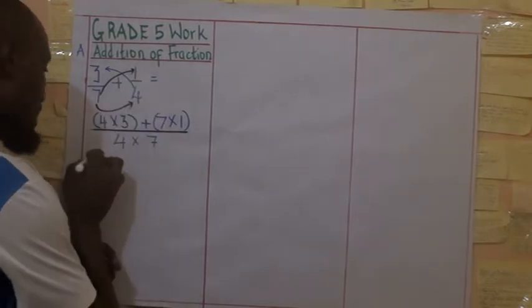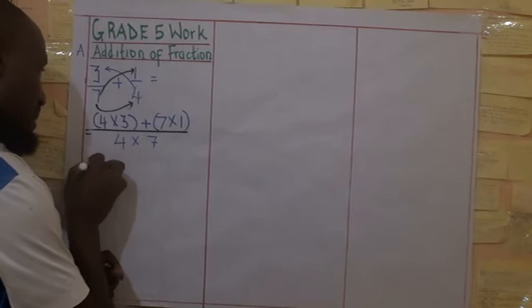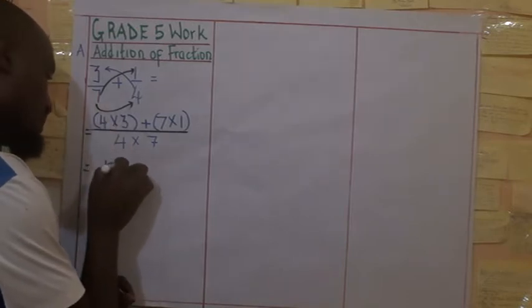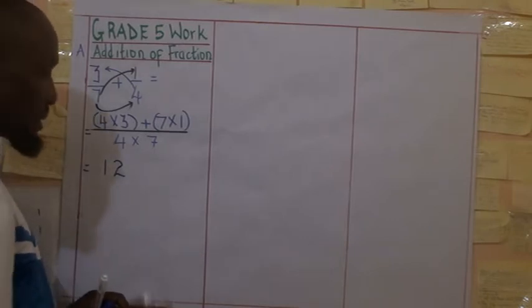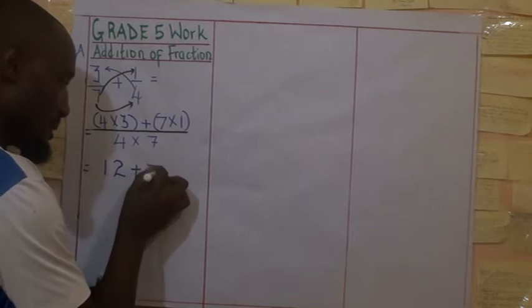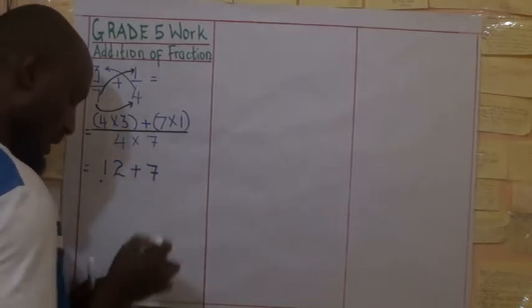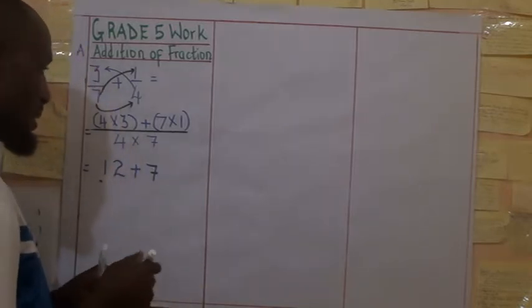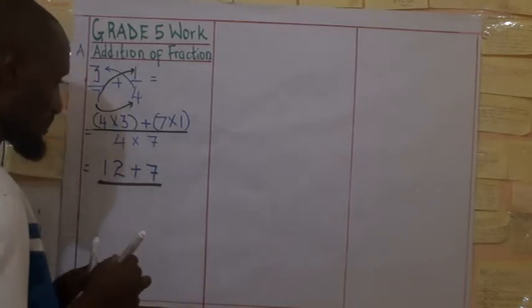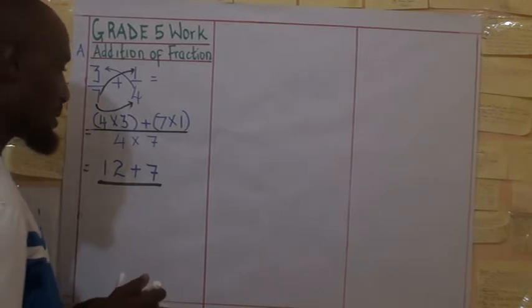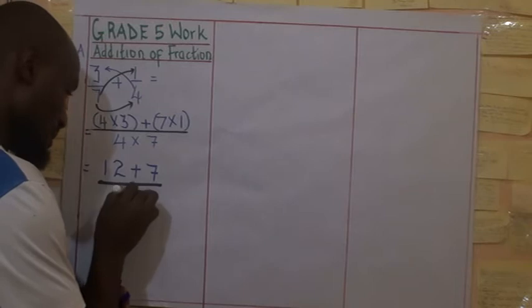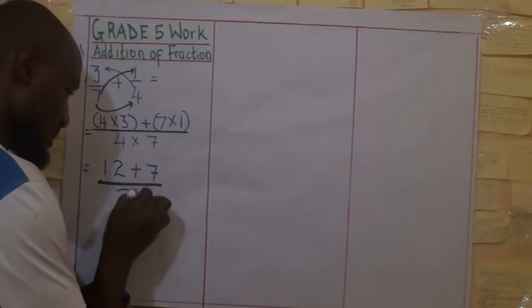Now, what are we going to get as our answer? 4 times 3 is 12, plus 7 times 1 is 7, then over 4 times 7 is 28.